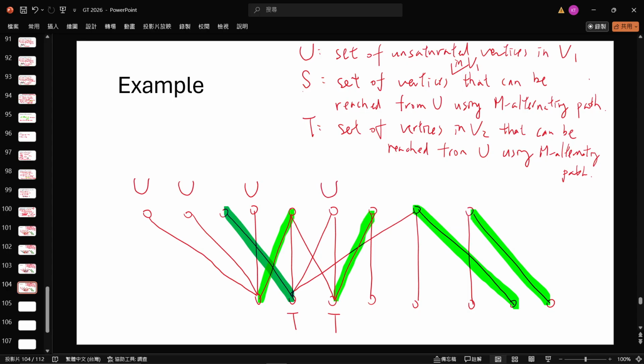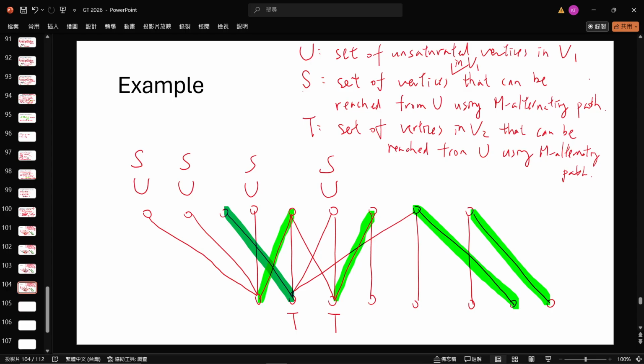You just check every vertex in V1 and see if it is adjacent to some edges in the matching. So this step is easy. And as I mentioned earlier, these vertices are also in S. So until now, these are all initialization steps.